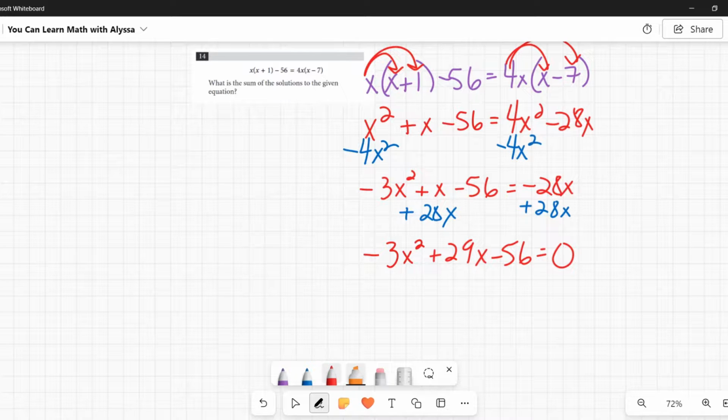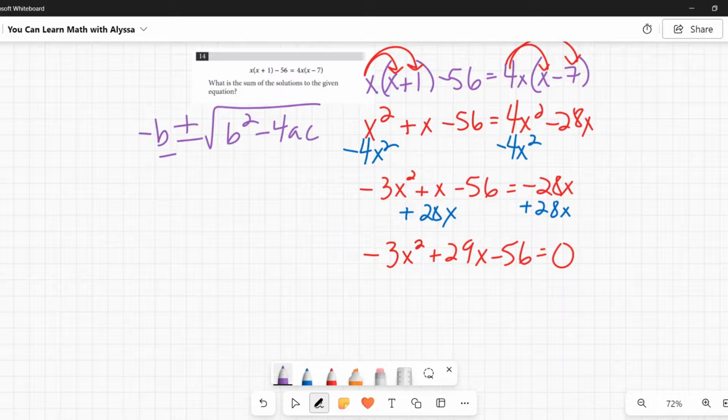They're wanting you to go into the negative b plus or minus square root of b squared minus 4 times a times c all over 2a. We got some pretty big numbers here, so it's going to be messy. You're going to need your calculator.